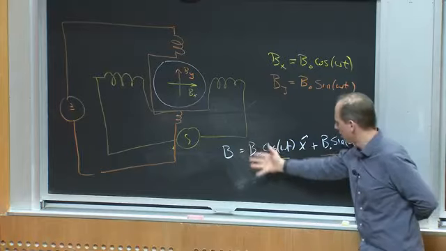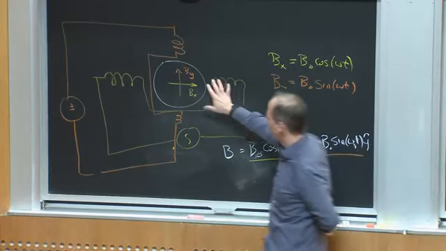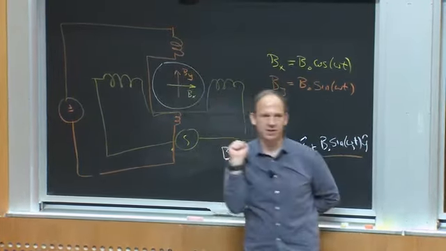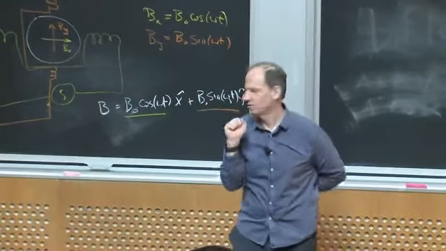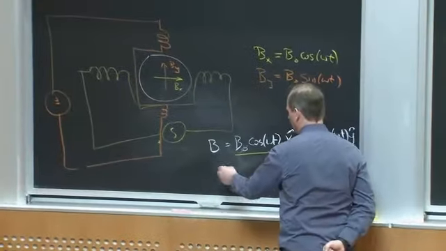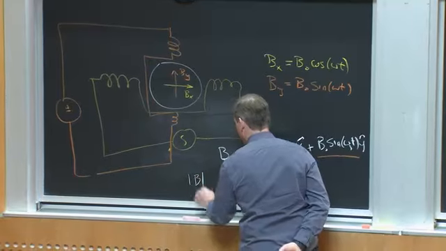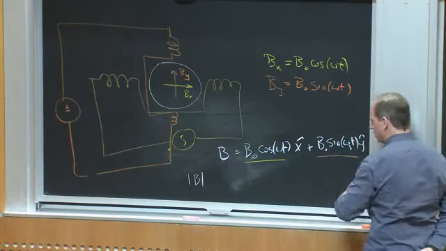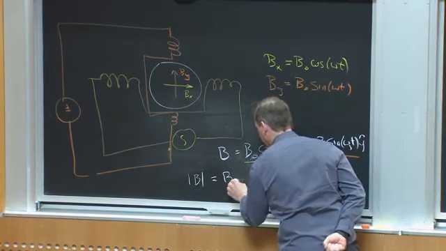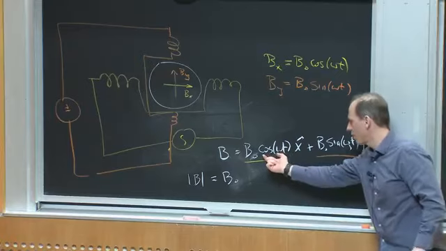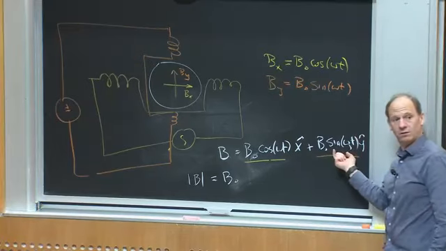Well, let's just think about the magnitude and phase of the net flux density in this space. What I would then get is the magnitude of B, the square root of the sum of the squares of these, is just going to be B naught, right? Because cosine squared plus sine squared is 1. Right?